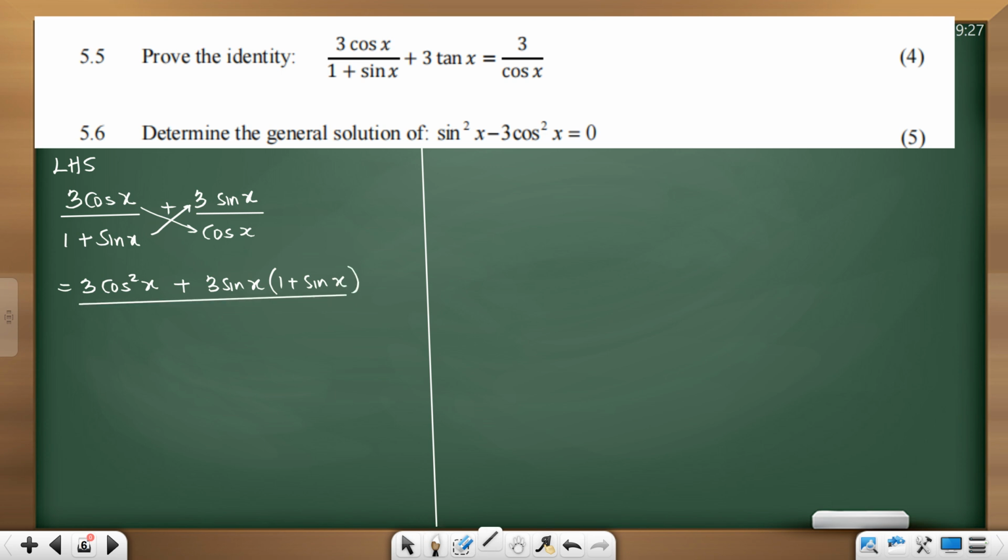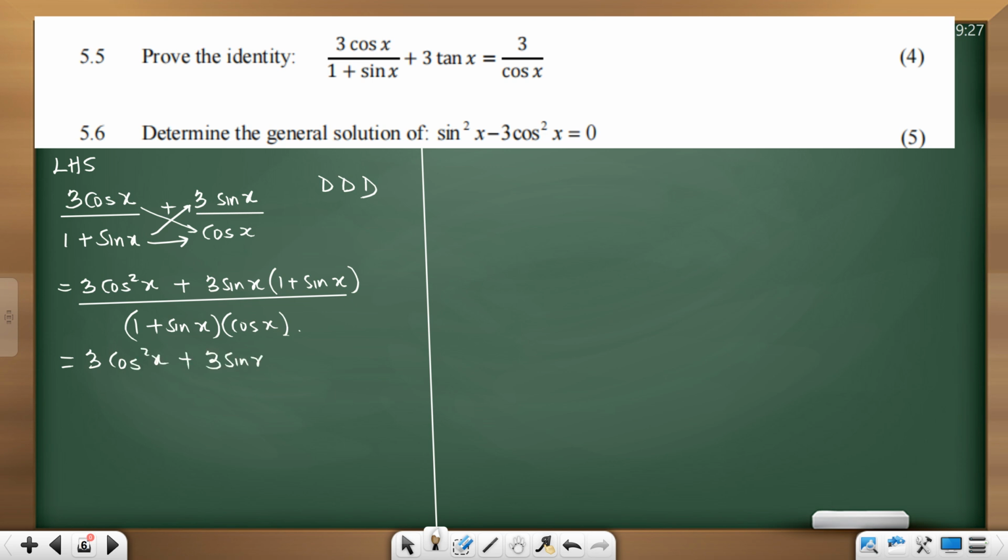Over. Then I am going to multiply my denominator. So it's diagonal, diagonal, and denominator. 1 plus sine x. Let's see. That's what I'm thinking. But let's see if it's going to work. So what do I have? 3 cos squared x.